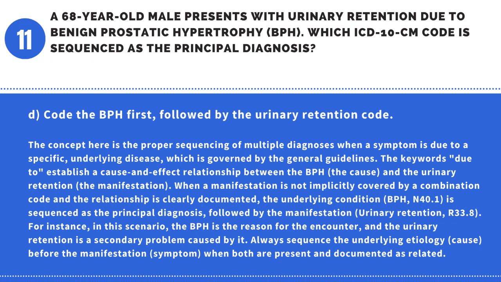When a manifestation is not implicitly covered by a combination code and the relationship is clearly documented, the underlying condition, BPH, is sequenced as the principal diagnosis, followed by the manifestation, urinary retention, R33.8. For instance, in this scenario, the BPH is the reason for the encounter, and the urinary retention is a secondary problem caused by it. Always sequence the underlying etiology, cause, before the manifestation, symptom, when both are present and documented as related.